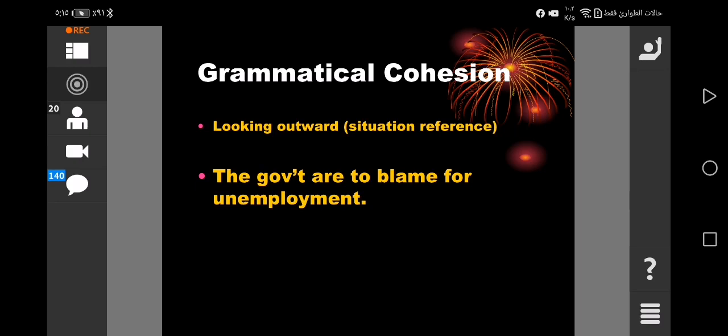Well, looking outward, or situation reference, or exophoric reference.